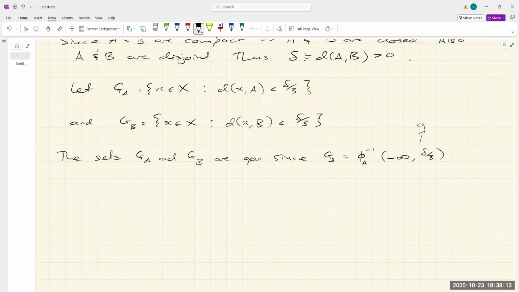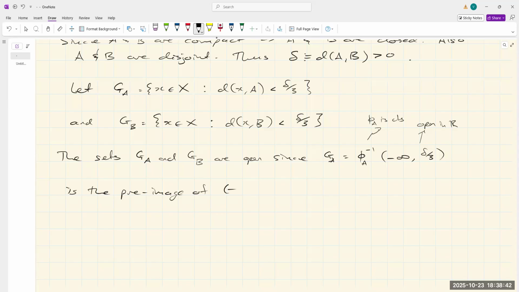This is an open set in R, and I know phi A is continuous. So GA is the pre-image of an open set under a continuous function, so GA is open.